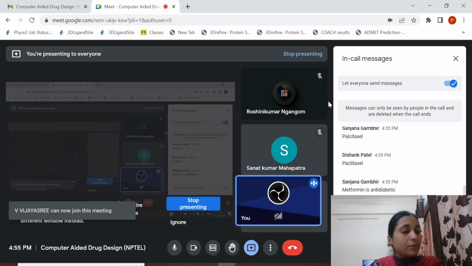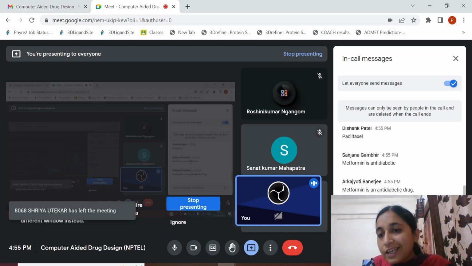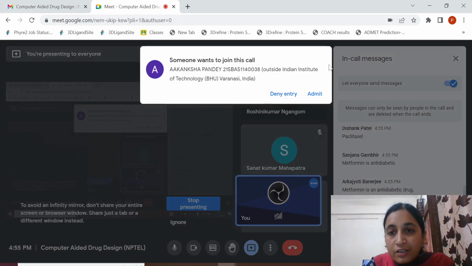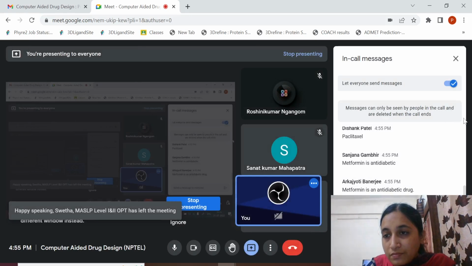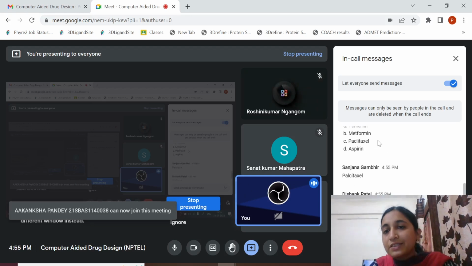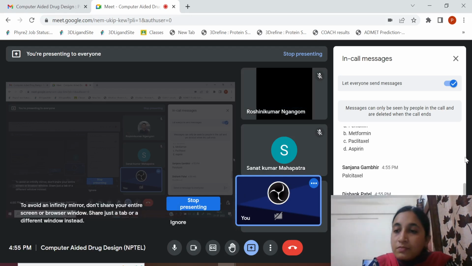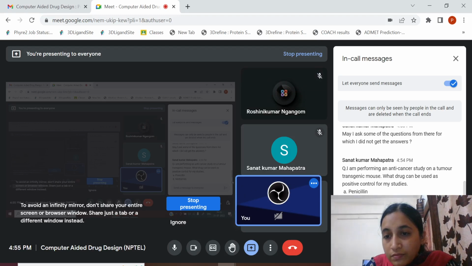Oh, sorry, not metformin. It's correct. Not metformin. Yeah, this is the correct one. Yes, this one is the only paclitaxel. This metformin is an anti-diabetic drug. I got confused.